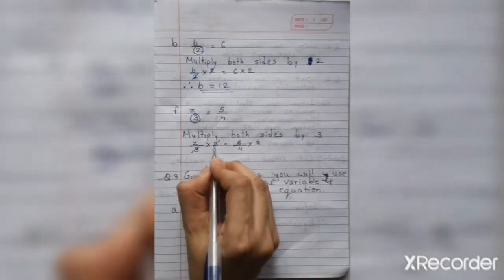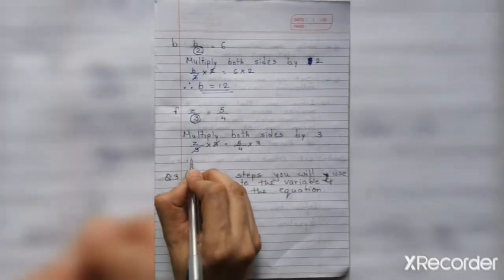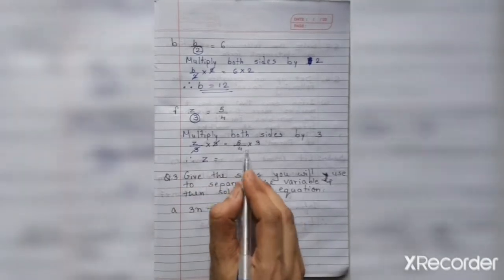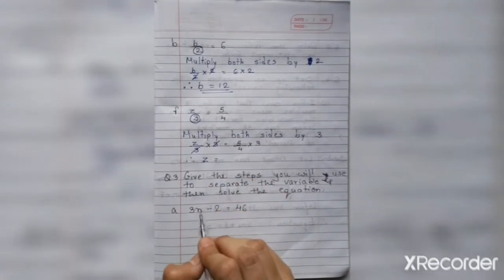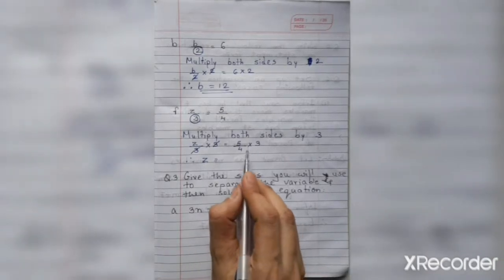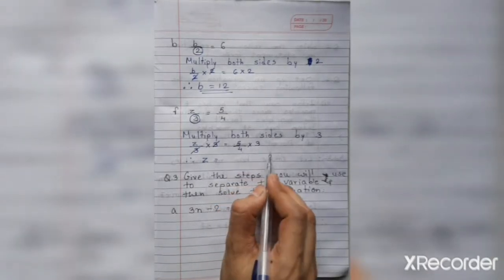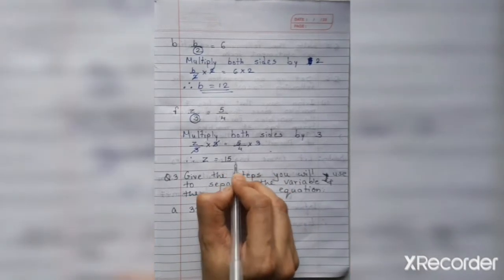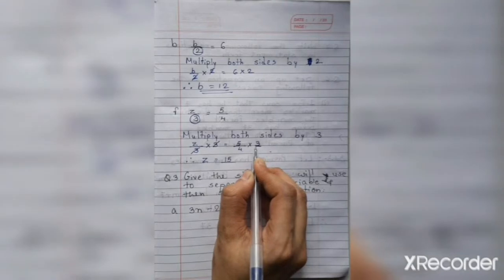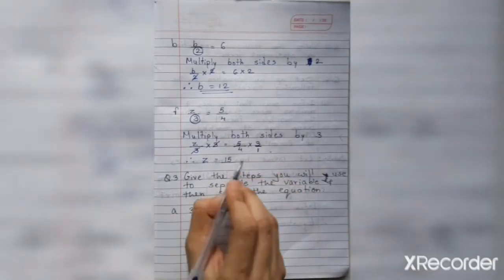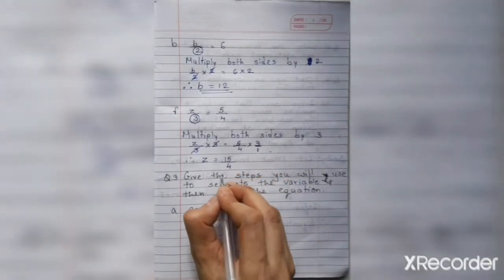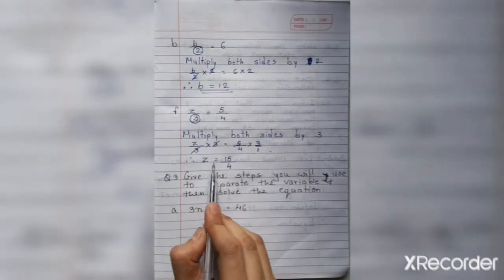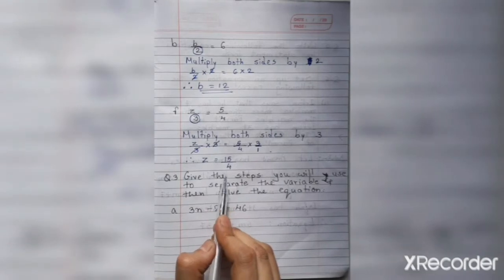We can cut this 3. So what is remaining? z equals to, here we have fraction and whole number. While multiplying fraction with whole number, multiply numerators and denominators. 5 3s are 15, and here no denominator is there, so we can write 1. 4 1s are 4. So the solution for this equation is z equals to 15 upon 4.